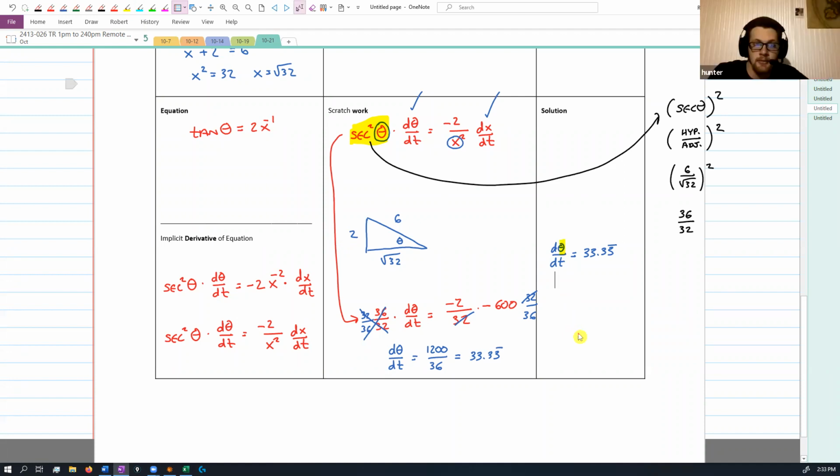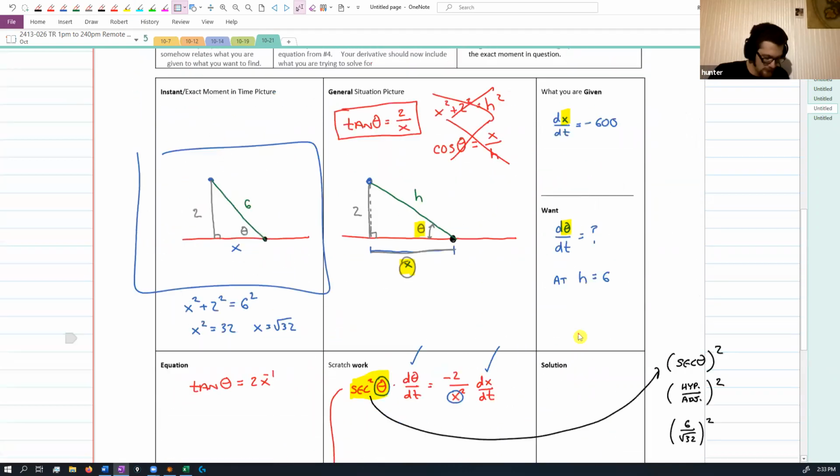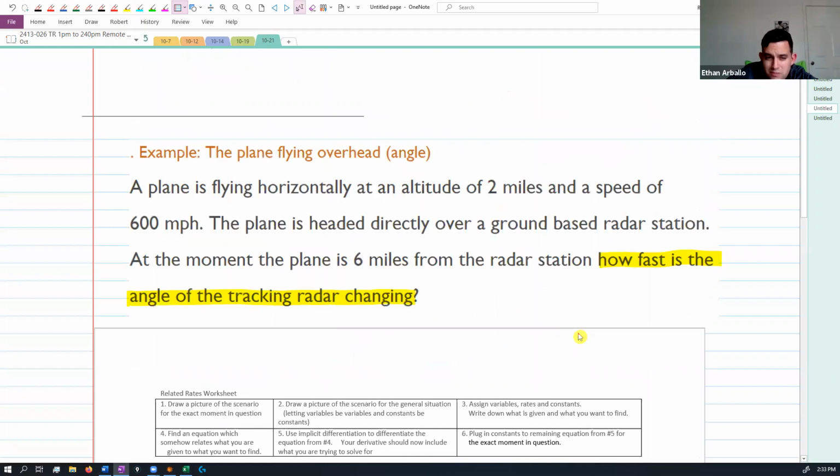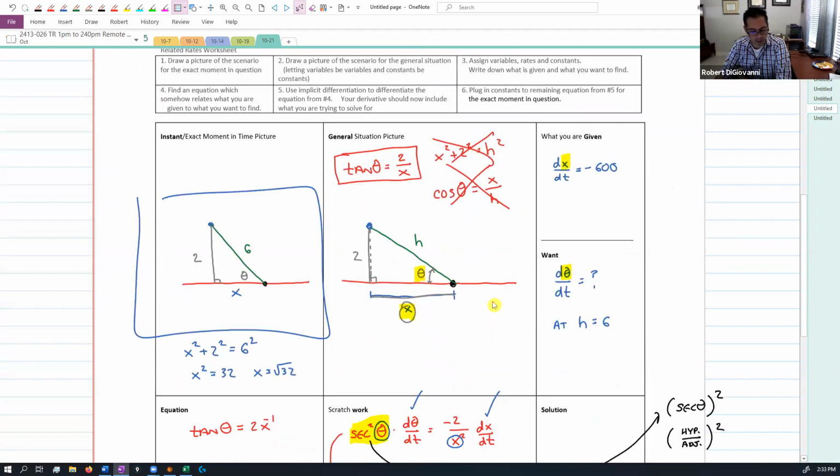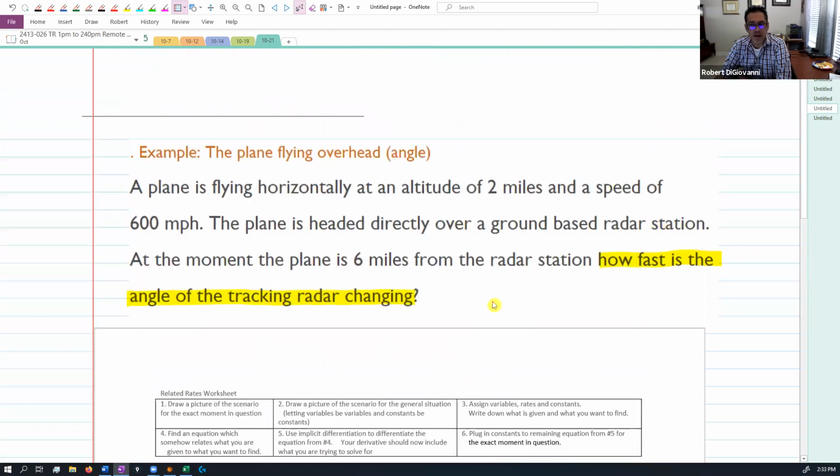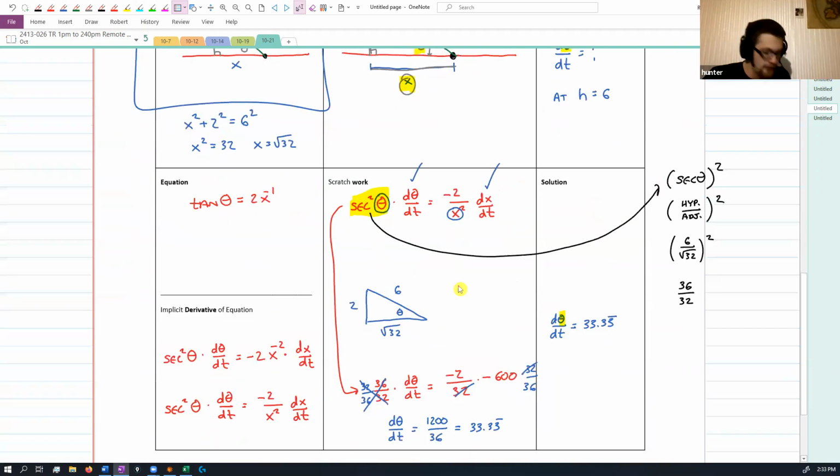Why degrees? Because theta is represented as a degree. Never in this problem did I say it was degrees or radians, did I? But 33 degrees makes sense given the triangle versus 33 radians, which would be a couple of circles.